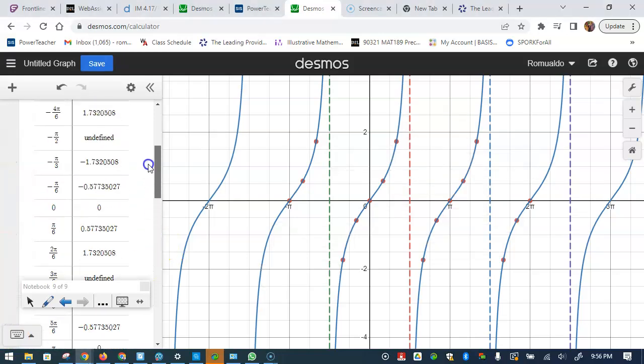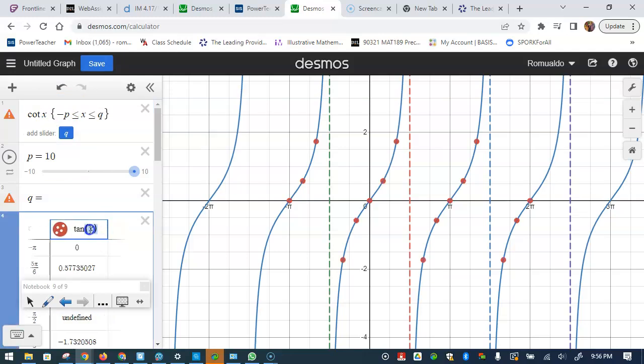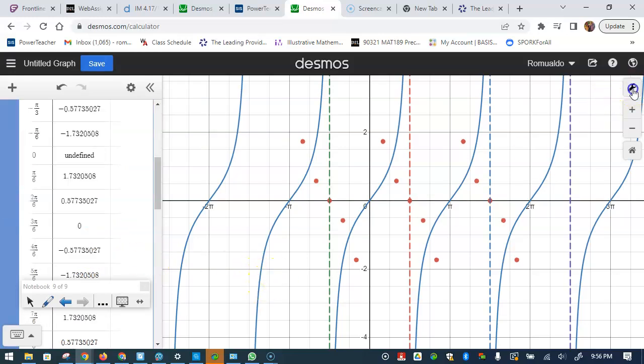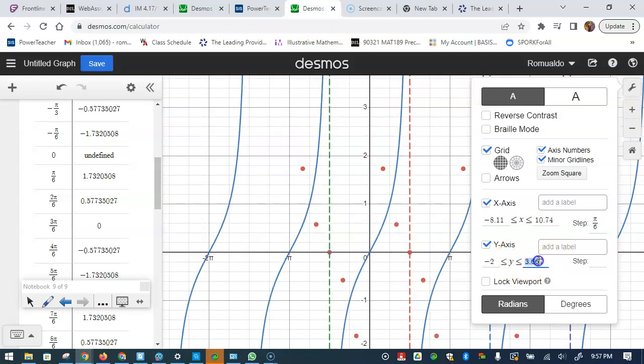So I'll take off the tangent and put a cotangent, COT. Okay, so this is how the cotangent will look. To see it more beautifully, I'll put this as minus 2, and this I'll put 2.